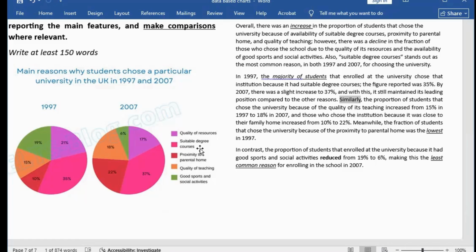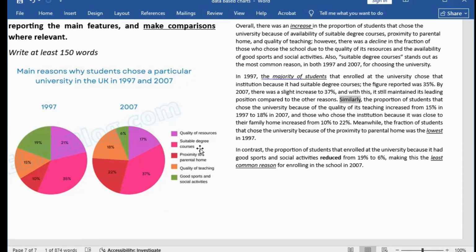So, basic quality of service. It's not even quality of service, it's quality of resources. That's the third problem. Decreased over the years. You can't say over the years because we have just 2 years here. You don't have figures for 1998, 1999, 2000. So you cannot say over the years. You don't know what happened in those years in between 1997 and 2007.